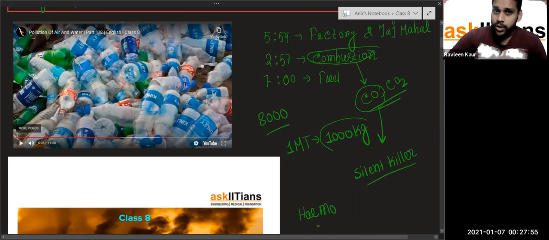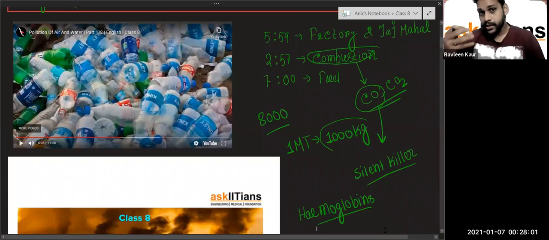These hemoglobins are made up of iron, and these irons are making our blood red in color.